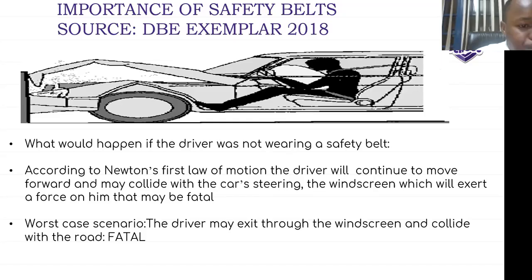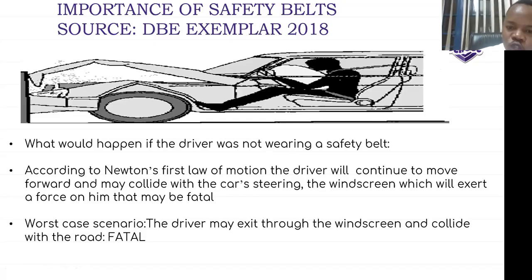That particular impact, this wall will exert a backward force on the driver, right? And if the driver is not wearing a safety belt, when he immediately crashes into this particular wall, his body is going to move forward, right?